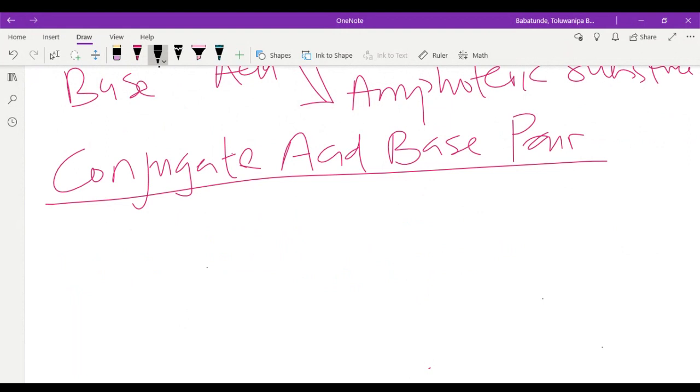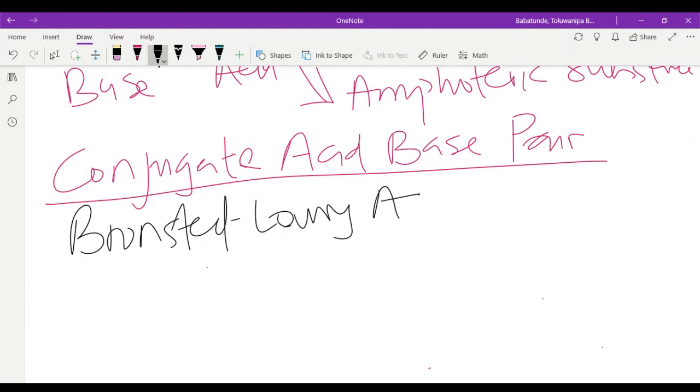In a Bronsted-Lowry acid-base reaction, the original base becomes an acid in the reverse direction, and the original acid becomes a base in the reverse process.